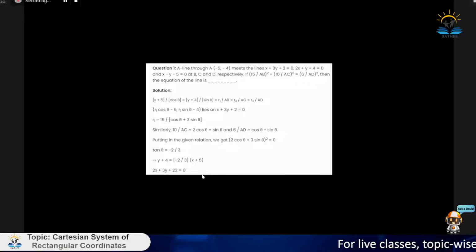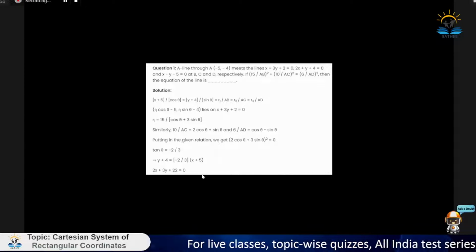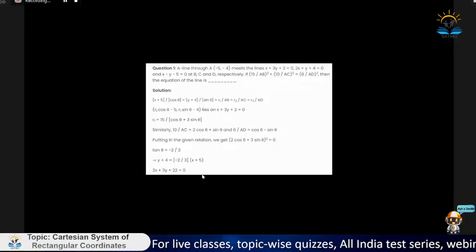In a similar way, you can find for 2x plus y plus 4 and x minus y minus 5. And from that, you'll get the x coordinates, y coordinates for all these in terms of AB, AC, and AD, and cos theta, sin theta.